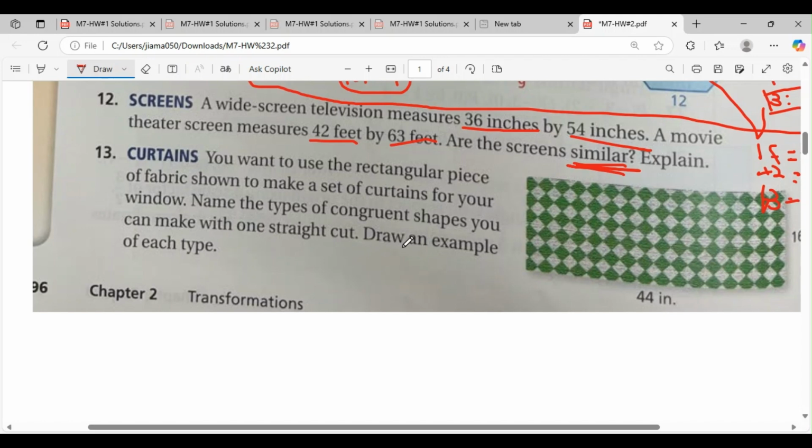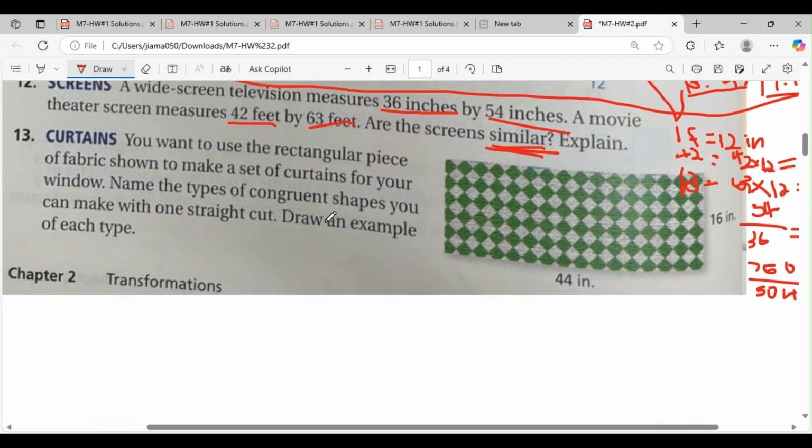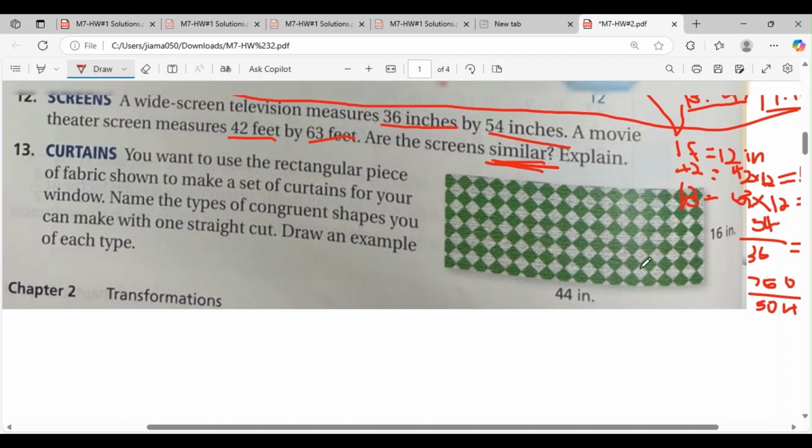Okay, so we have a piece of cloth. We can see the length of it is 44 inches and the width of it is 16 inches.